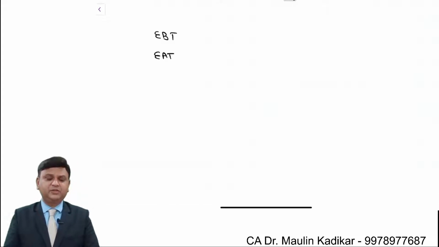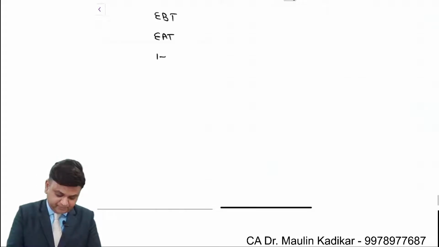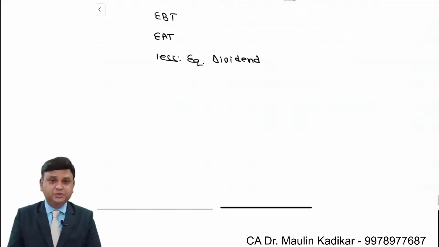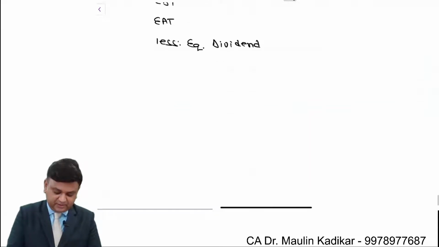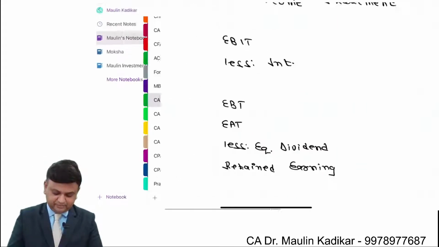No dividend information, sorry, no preferential capital information is given. So EAT itself is earning available to equity shareholders. Less equity dividend. So a certain portion of the earning will be paid in form of dividend, and the remaining is the retained earning. That is what we understand.